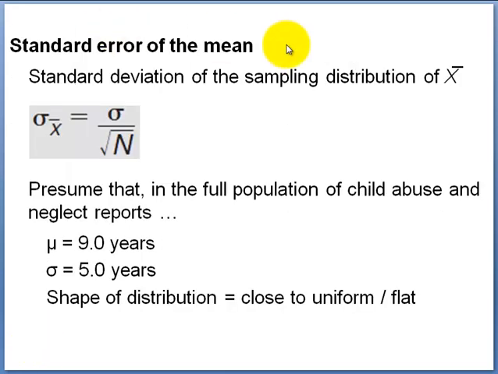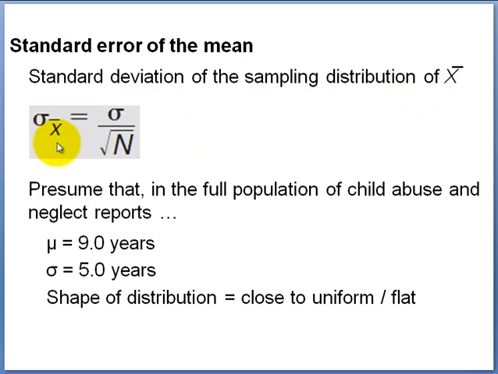Our inferential statistics is more abstract than descriptive. We're getting a little abstract, but hopefully we can bring it down to earth. There is a term you should know, and that term is the standard error of the mean. The standard error of the mean is the standard deviation of the sampling distribution of the mean.